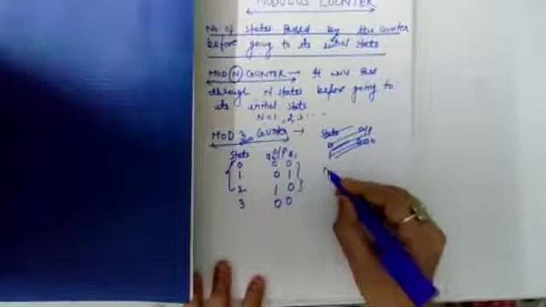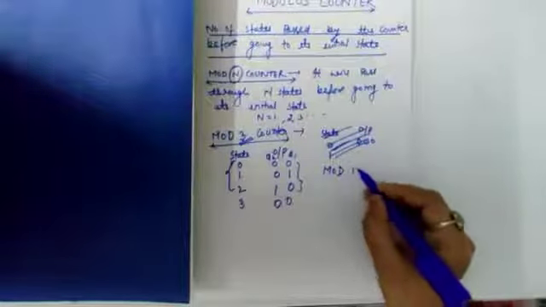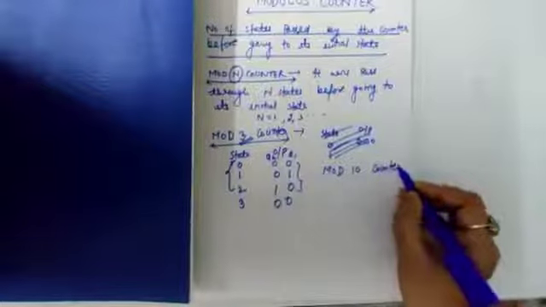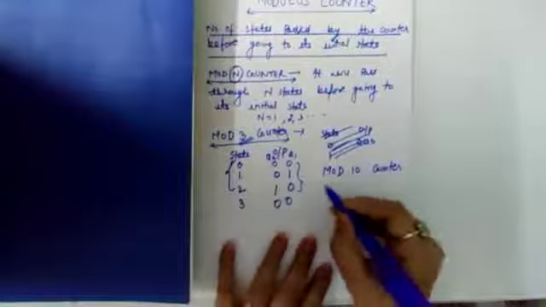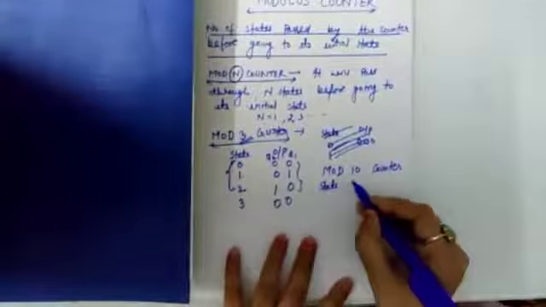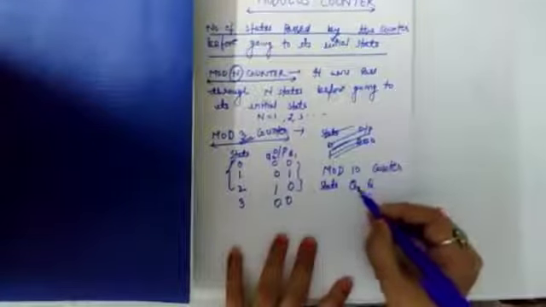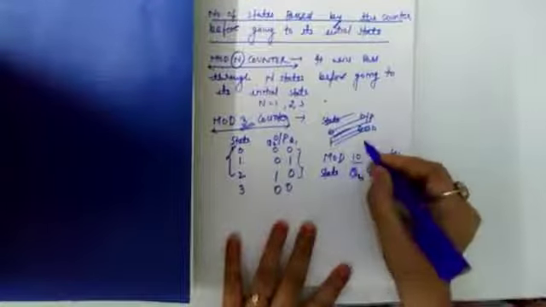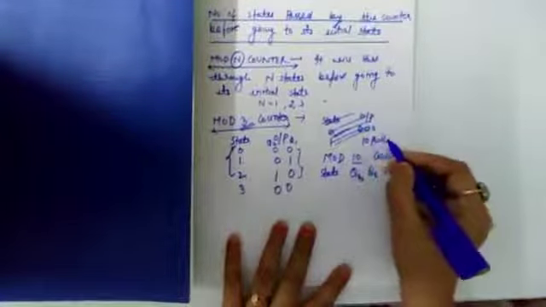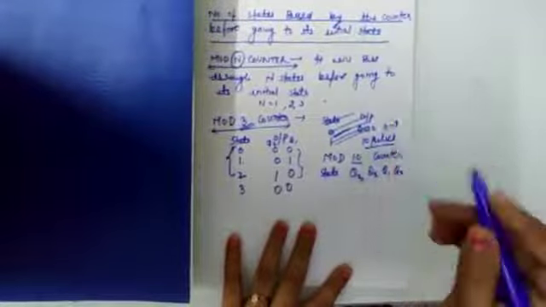For example, if you want to design a mod 10 counter, what happens? Here we take the state and the outputs Q3, Q2, Q1, Q0. Ideally it will count a total of 10 pulses, or have a total of 10 states from 0 to 9.